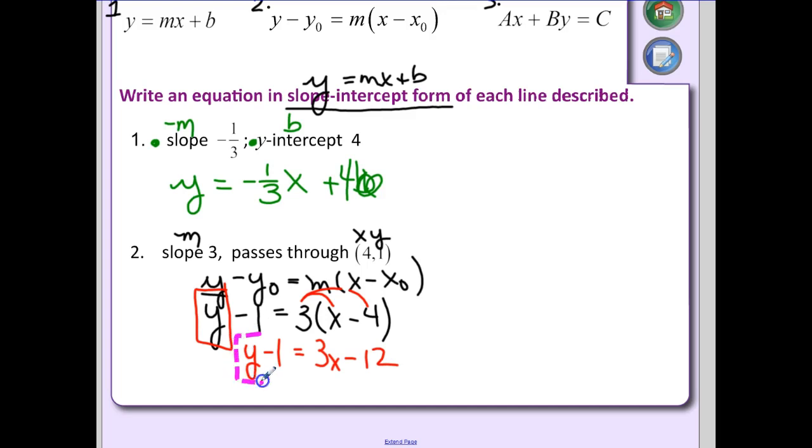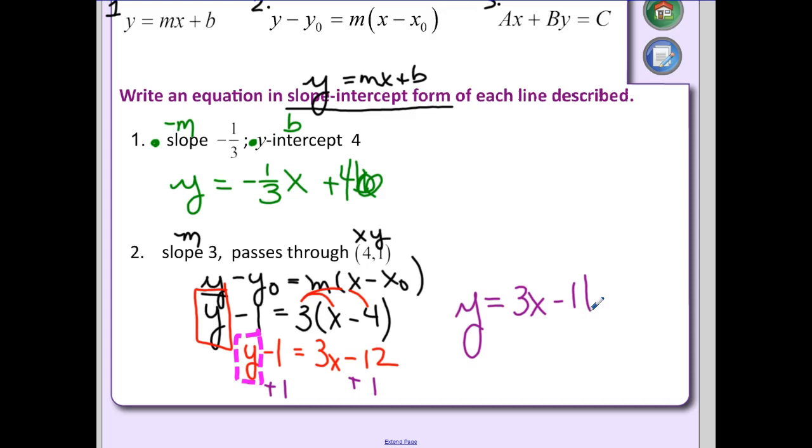We've still got this minus 1, so we've got to move that to the other side. So we are going to add 1 to both sides. And so now my line in slope-intercept form is y equals 3x. What's negative 12 plus 1? Minus 11.